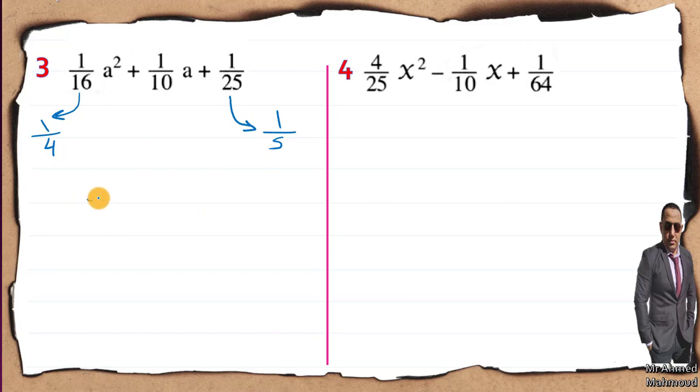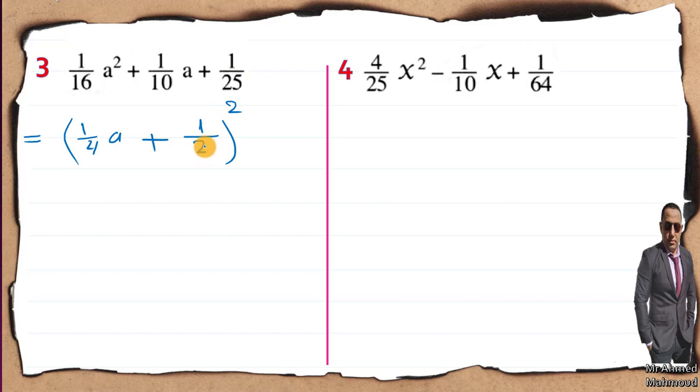So I'm going to check by using 2 times 1 over 4 times 1 over 5 equals 1 over 10. So this is a perfect square trinomial. Okay, and the order is correct. So I'm going open bracket, power of 2, drop the middle sign, plus, square root of the first, 1 over 4, square root of the third, 1 over 5.